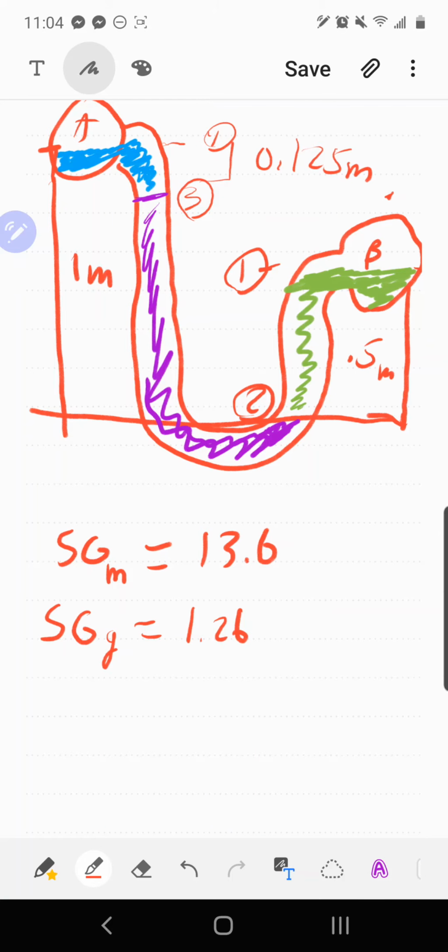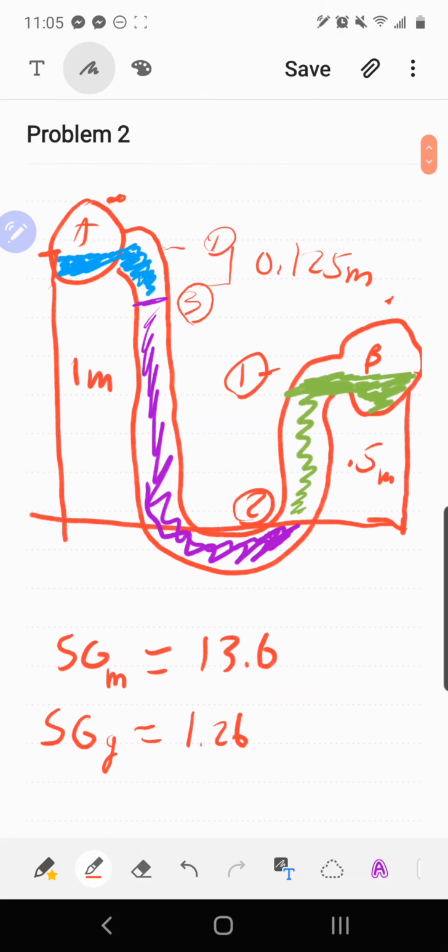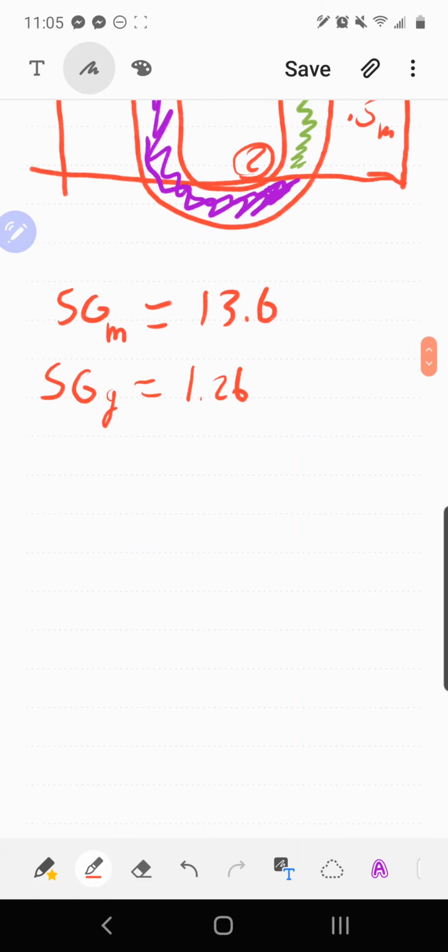So the pressure at level 2 is going to be the same in both the left and the right legs of the manometer. 0.2 here. This pressure here is going to be the same as the pressure over here. So with that, we can write an equation.